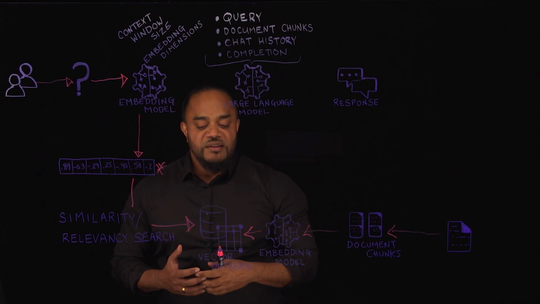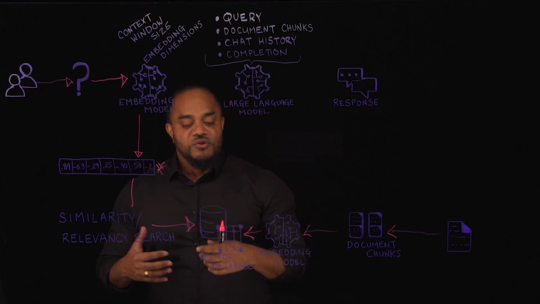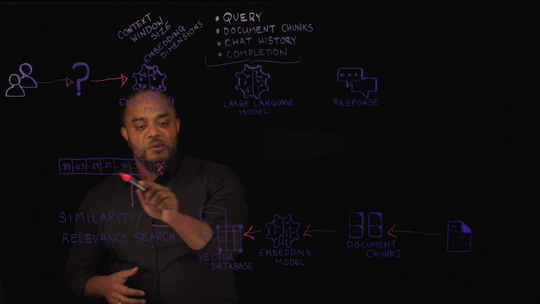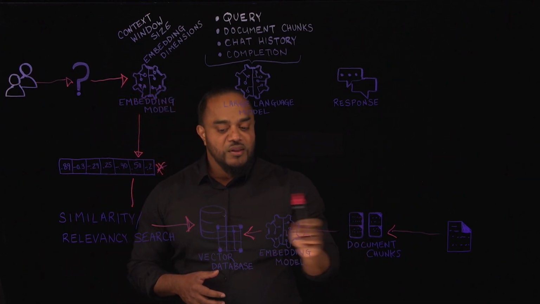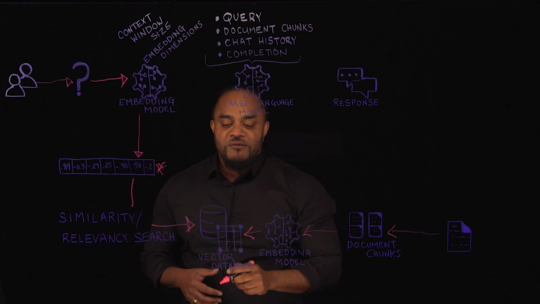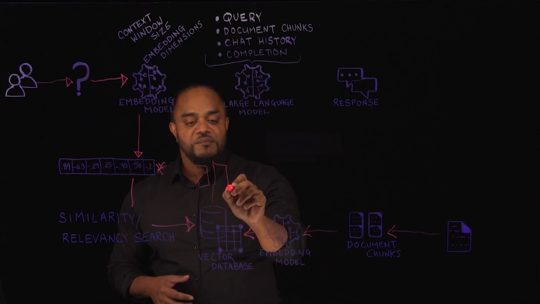A programmatic calculation is done to see which document chunks are closely related to the vector representation of your query. From there, a set of relevant document chunks is returned.